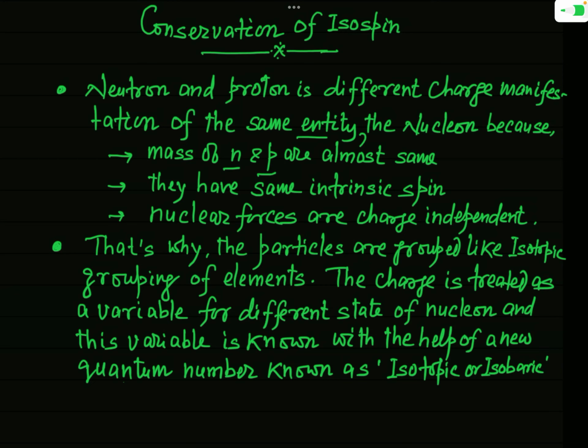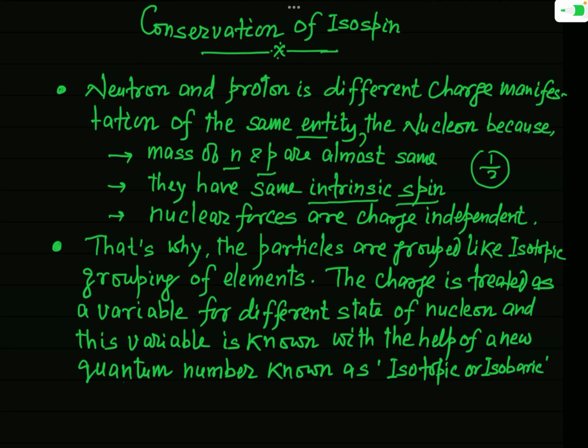Although the neutron is slightly more massive than the proton, that very small difference we neglect in general calculation. And apart from this similarity, the intrinsic spin of these two particles is also the same. Both are spin half particles.